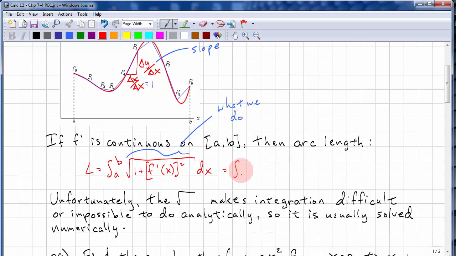But what we're doing is we're thinking about it this way: a to b, 1 plus delta y over delta x, squared, dx.